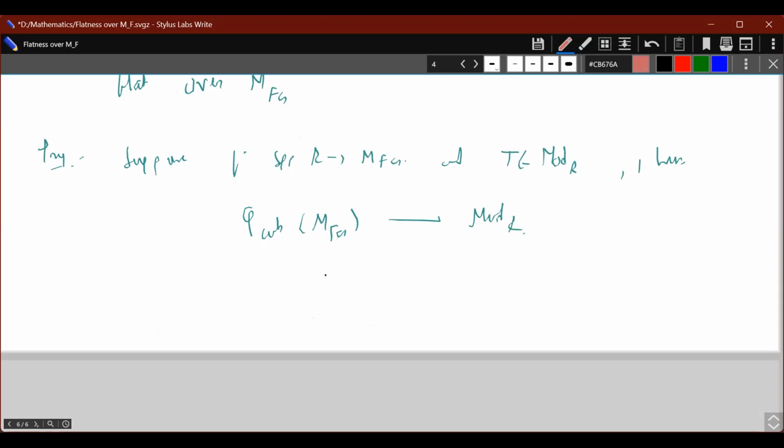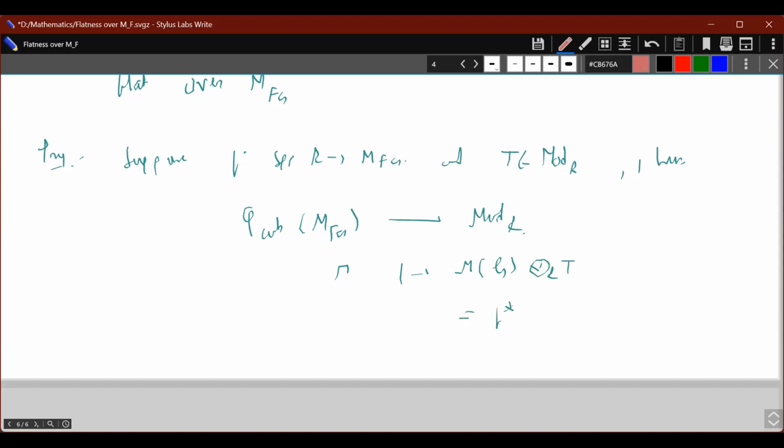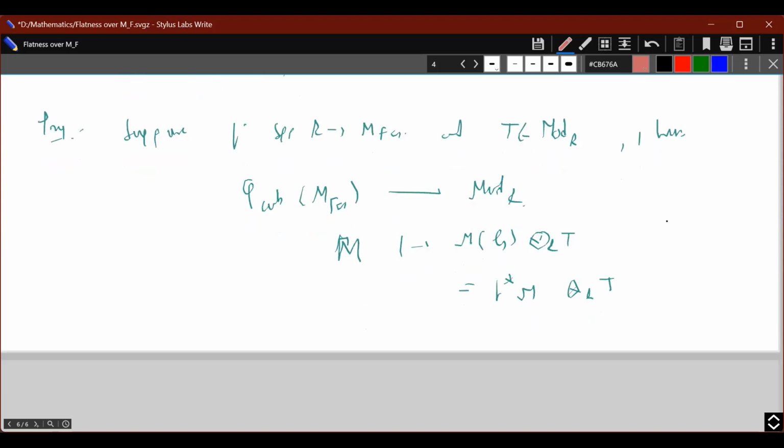This functor basically takes some point zeta, right? That's the way we define things. So this is an M. Right, so this is exact. This is the claim, so we'll prove this.